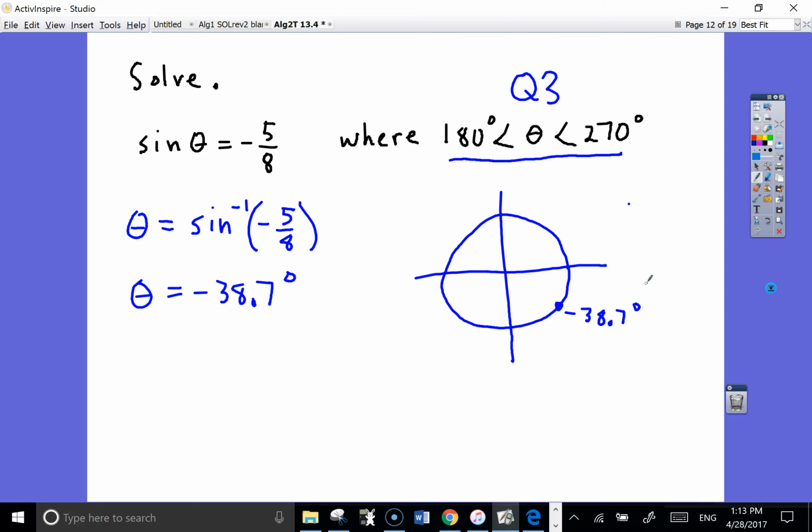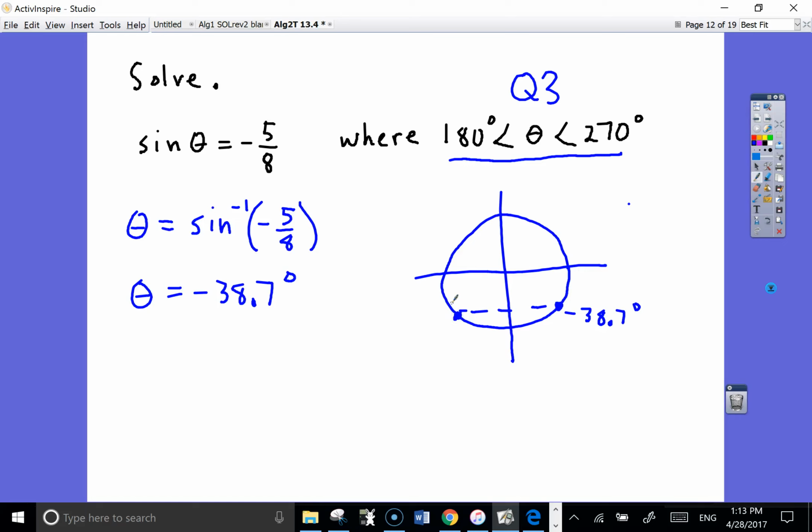So how am I going to do that? I'm going to go straight across, on a horizontal line to that point right there. So how do I find the degree measure of the angle that is right there? Add 90 degrees?